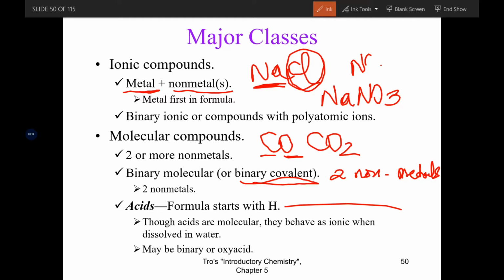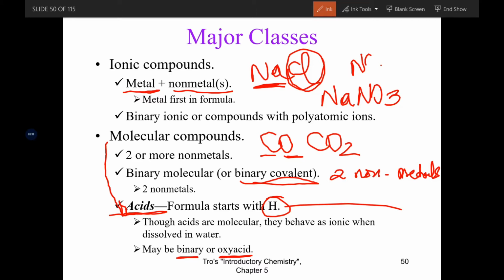Then within molecular compounds, we are going to discuss acids. And those acids are also molecular compounds, but they're compounds that start with an H. All right, and we have two types of acids. Those acids could be binary or oxyacids, and we will actually look at both of those separately.